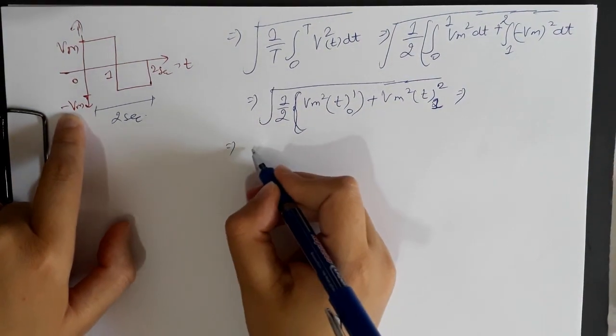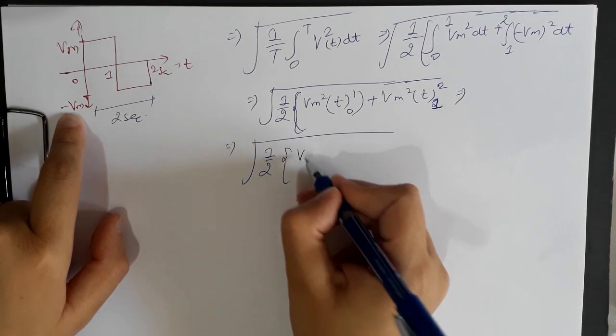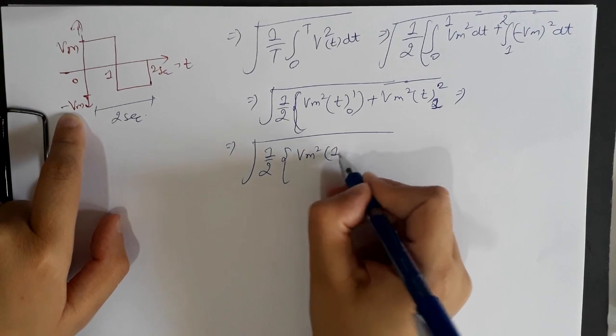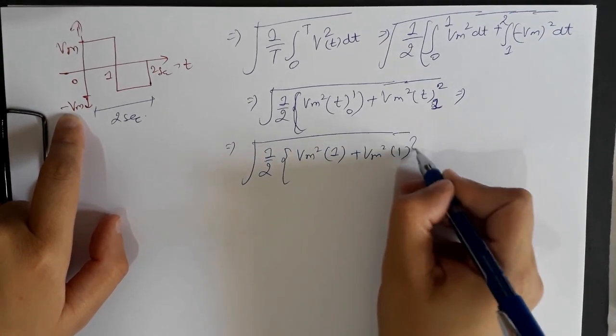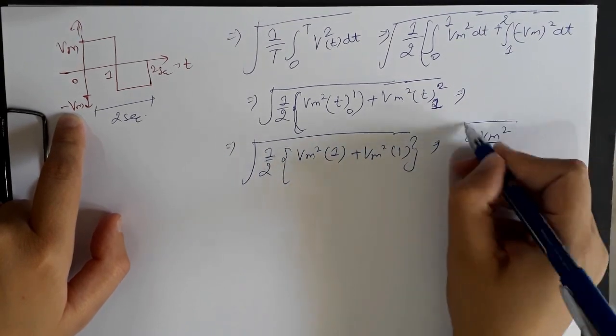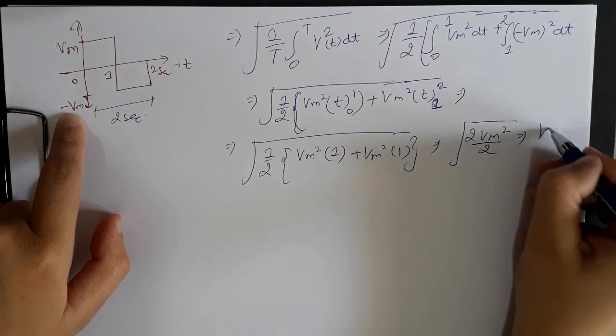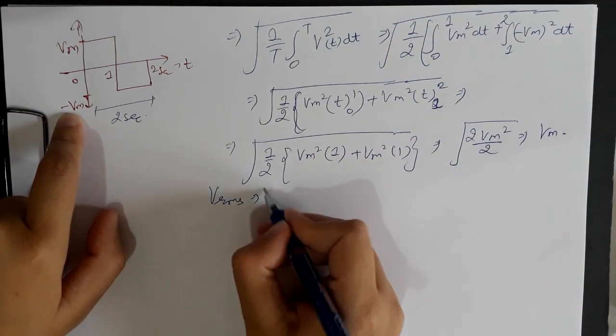Solving it, 1 upon 2, this comes out to be Vm square into 1 plus Vm square into 1, which is twice of Vm square upon 2 under the root. That is Vm. So friend, Vrms of this waveform is Vm only.